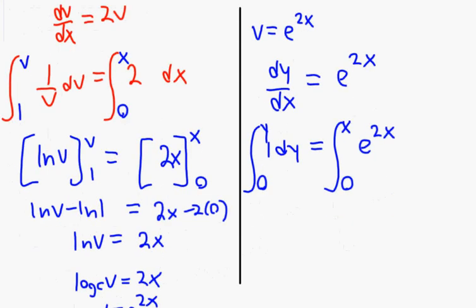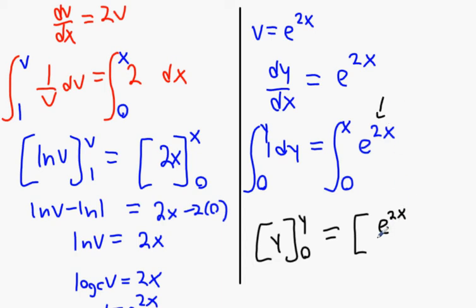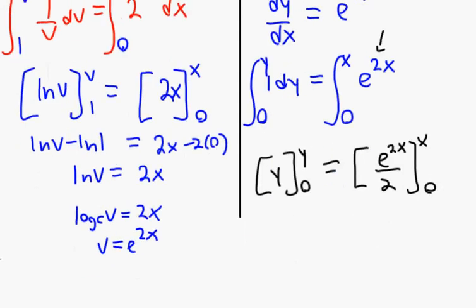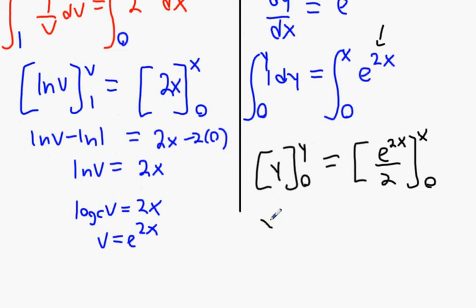So when we integrate 1, we get y between y and 0 equals, anyone know how to integrate e to the 2x? Differentiate the power and divide by that power. And what do we get after that, guys? y minus 0, which is just y, equals e to the 2x over 2 minus e to the 2 times 0 over 2.